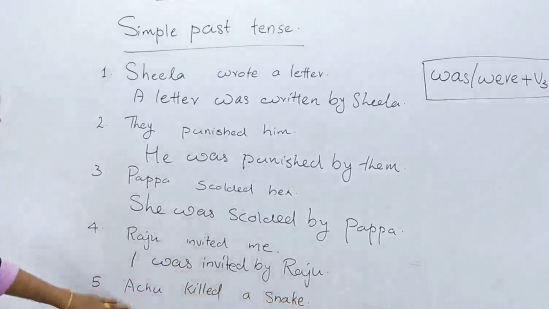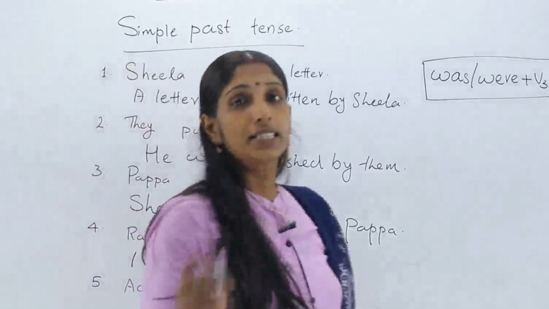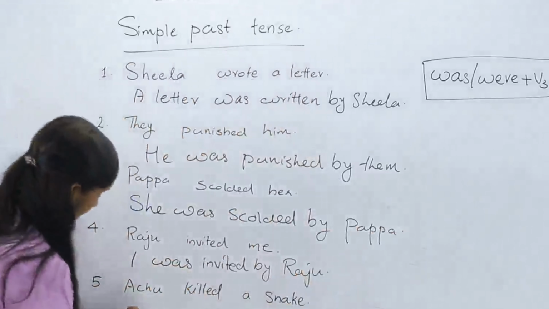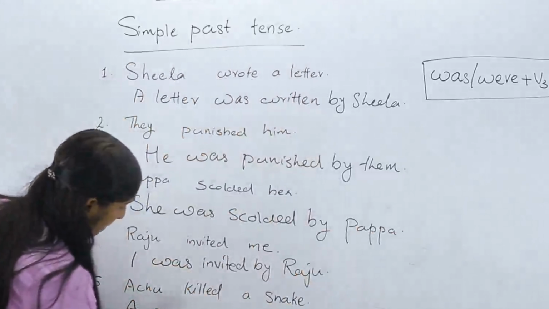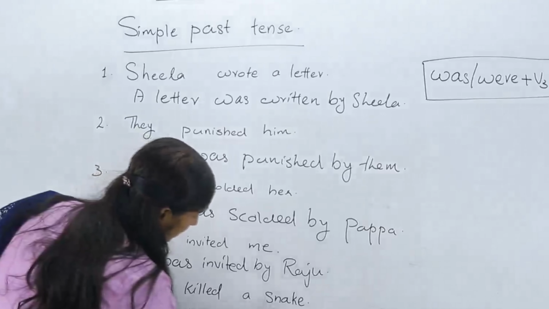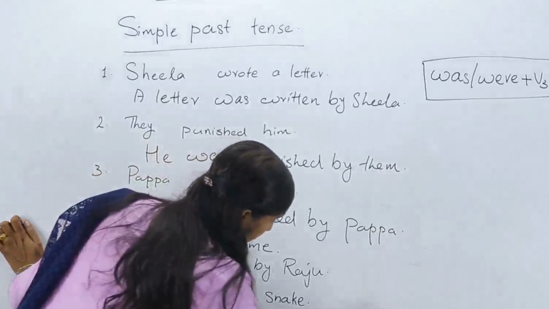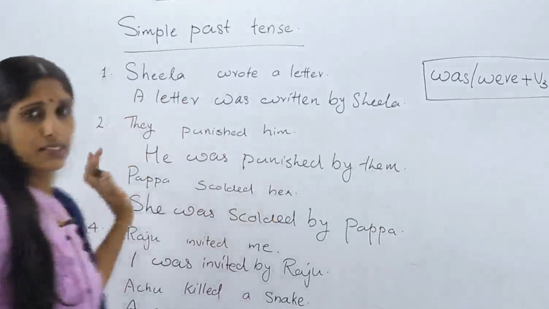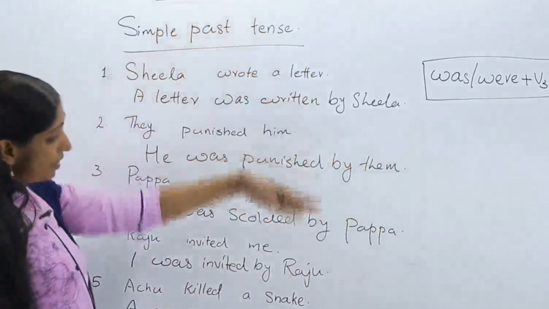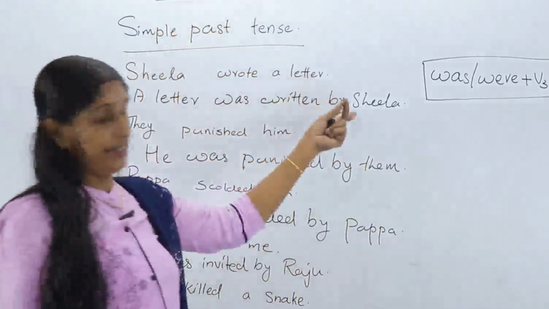And the last question, Achu killed a snake. How do we write? A snake was killed by Achu. It's very easy to change. Please read out all the examples I have given to you. Sheila wrote a letter.